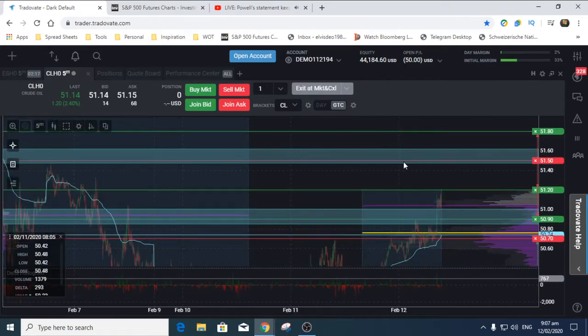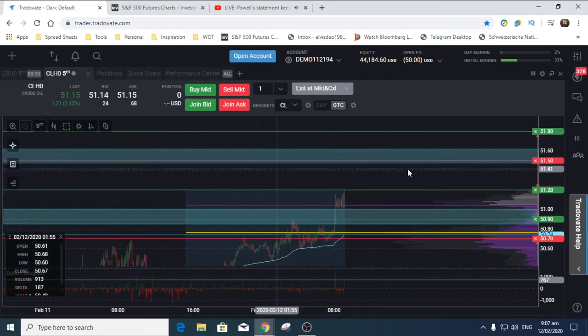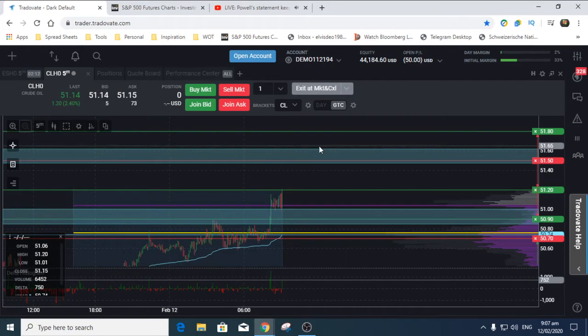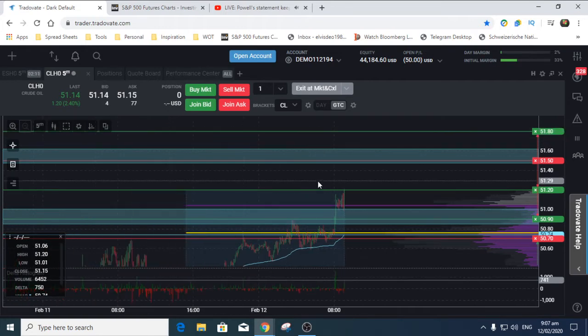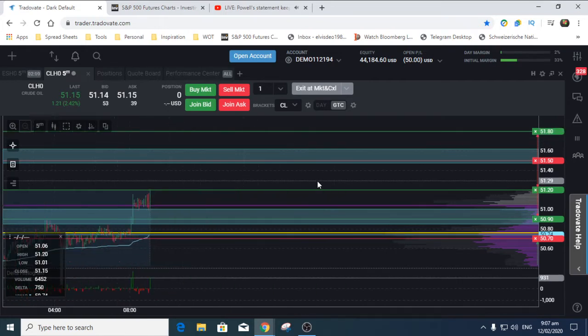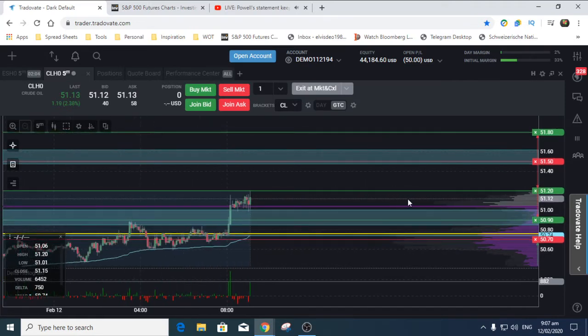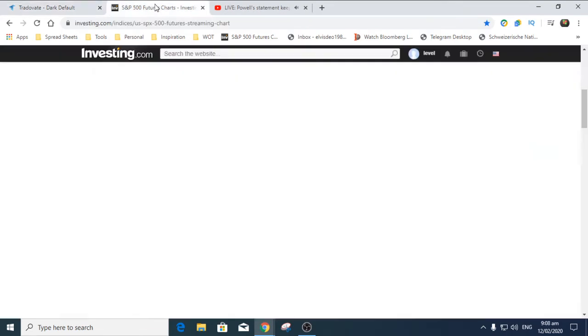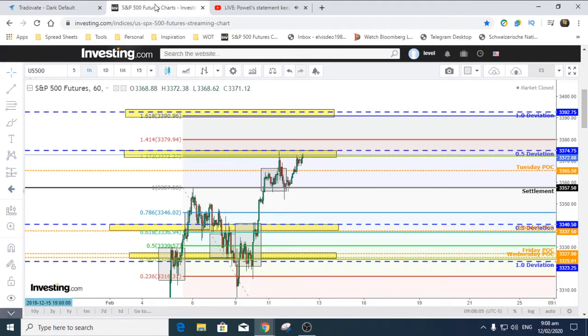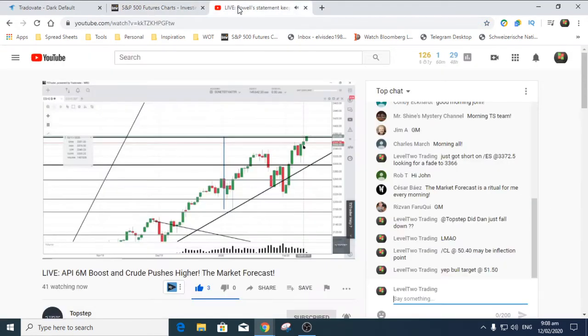But since February 2nd, the open interest has increased approximately 98,000 contracts. So that's from February the 3rd, 1, 2, 3, 4, 5, 6, 7, 8 trading days, including today.